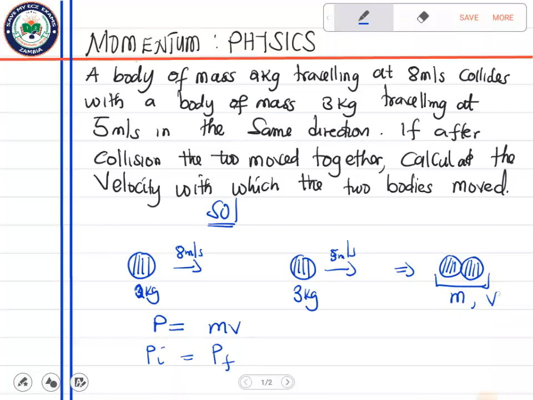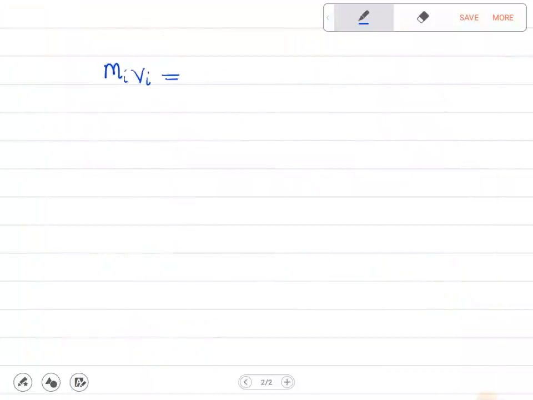So momentum initial should be equal to momentum final. Remember that these guys are moving at a common velocity with a common mass, so that is mass final and velocity final.